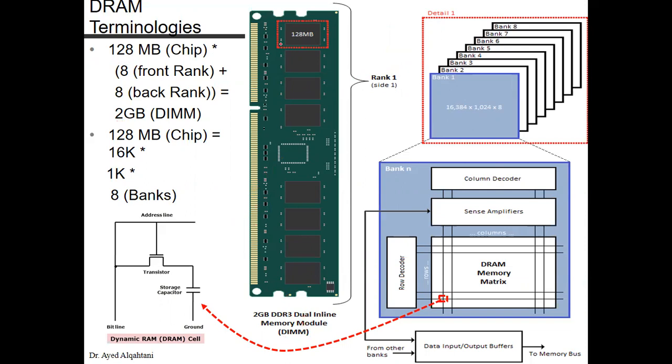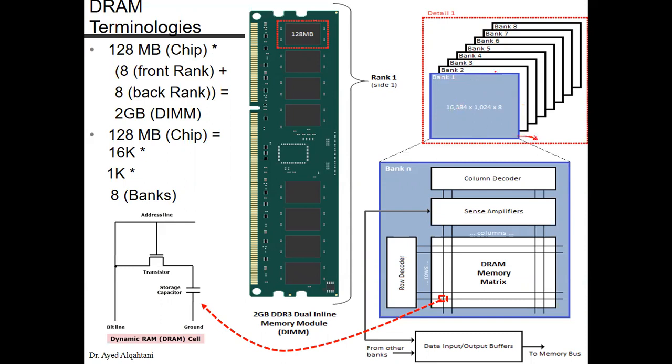Now, if we take one of the chips and zoom inside it, you notice that we have 8 different banks, from bank 1 to bank 8. Each one of these banks is responsible for generating a single bit as an output.